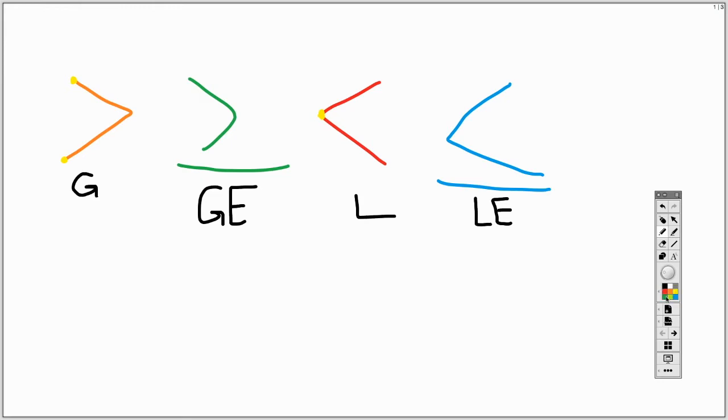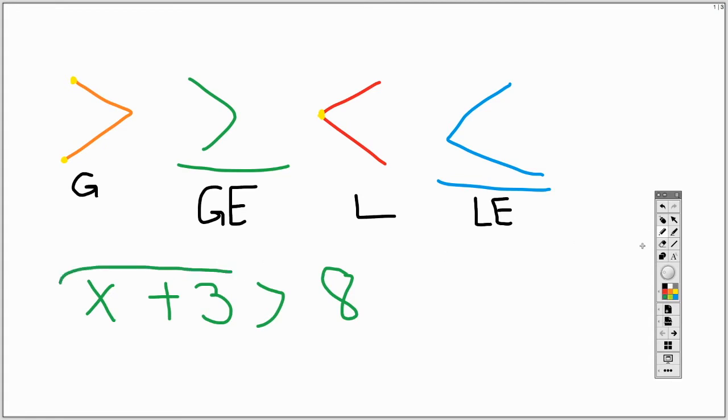Basically, if we have an example such as x plus 3 greater than 8, then this side would be greater than 8.